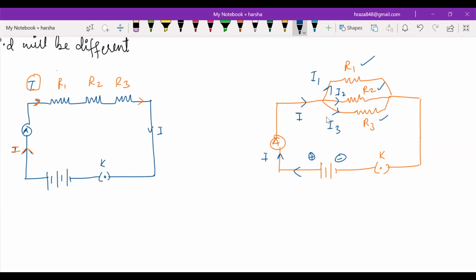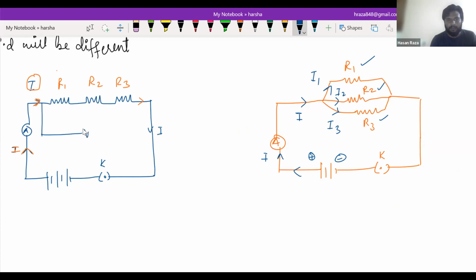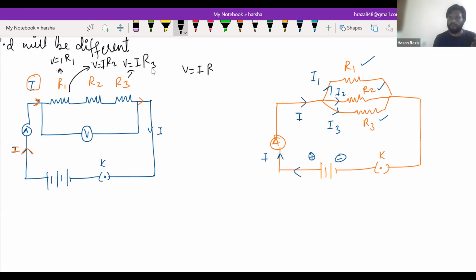Yes, sir. Now, one more thing is very important. This is a voltmeter. To find the voltage across this, you know that V is equal to IR. So if you apply it on R1, V is equal to IR1. On this one, it will be IR2. And for the voltage at R3, IR3. That's why I wrote that potential difference or voltage will be different in series.